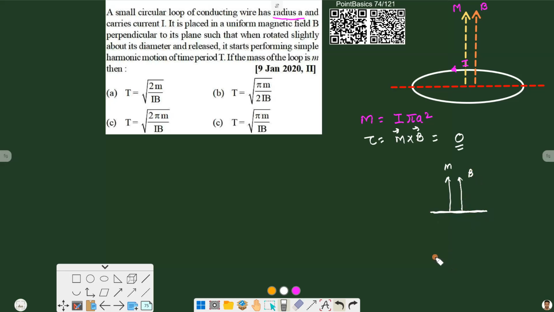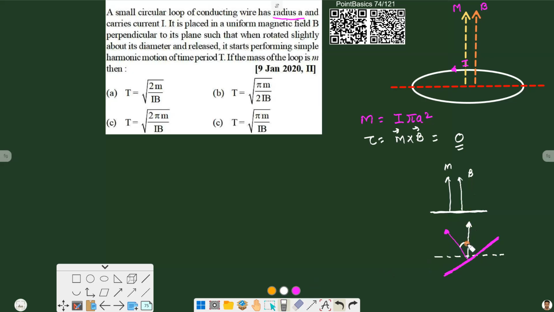So what happens? This was the original direction and we rotated it slightly, so our coil or loop becomes like this. Its magnetic dipole moment M is also rotated by this angle, and the magnetic field stays the same, as the magnetic field is not getting rotated.